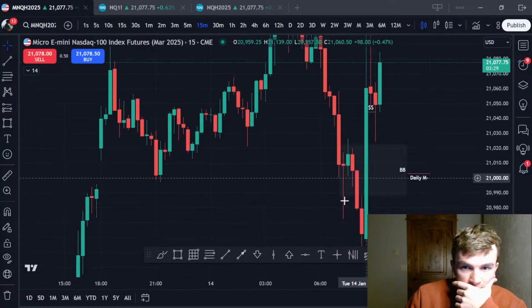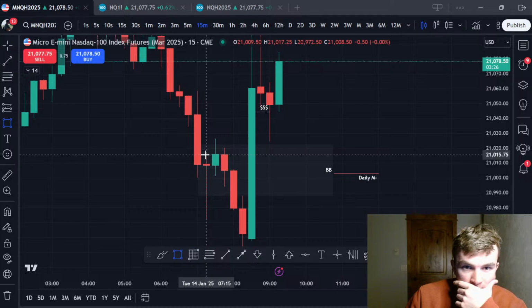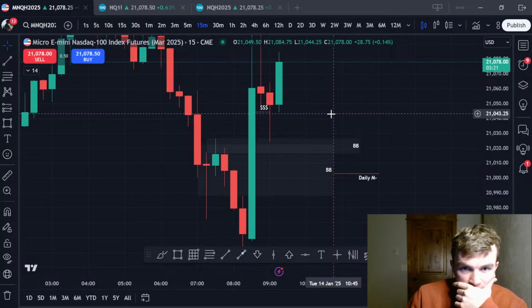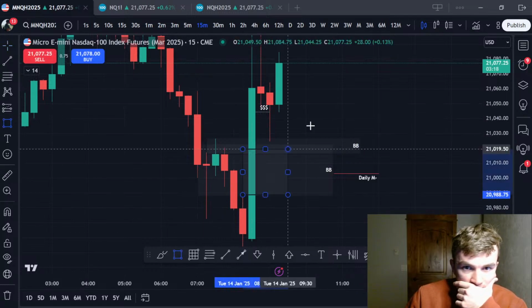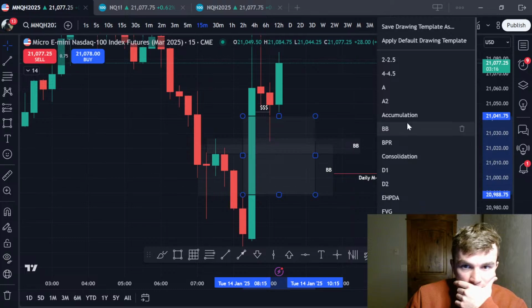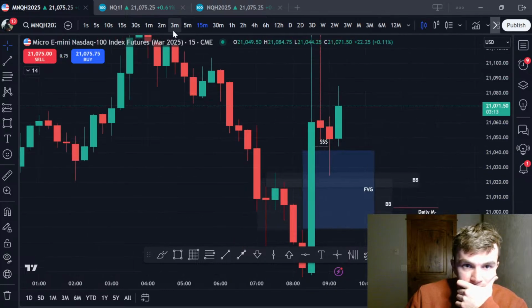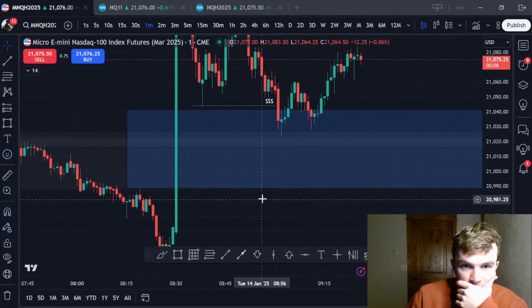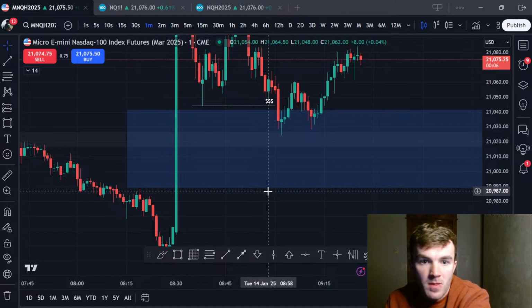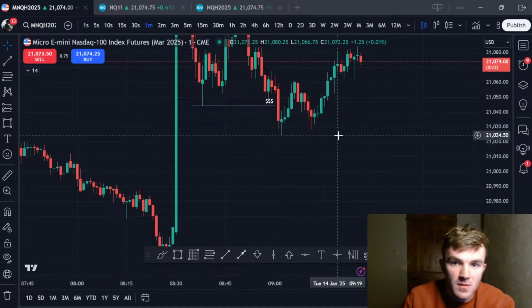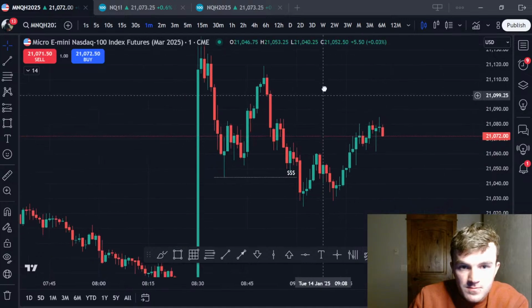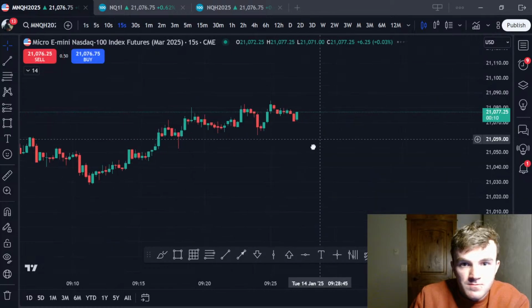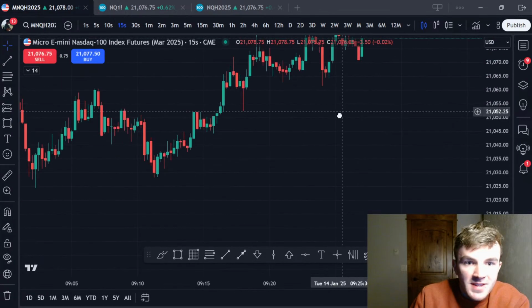Once again, the 15-minute breaker does its job. You can see that here. There's that breaker, and here's the fair value gap. Low key, there's a lot of liquidity here.